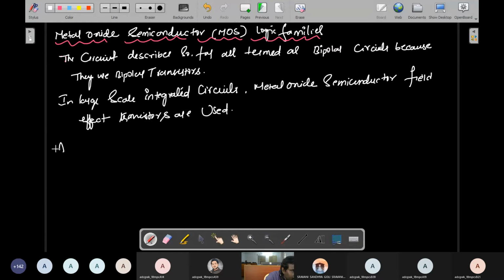I will write the advantages here. The first advantage is they can act both as amplifier and as load resistor.